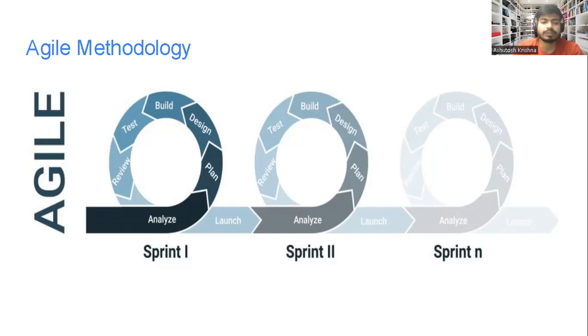In this process, every sprint is individual, and the same process is followed, meaning a team works on the development of each sprint. So the software is developed in small chunks or small sprints. After the development of one sprint is done, it is analyzed and launched for use.